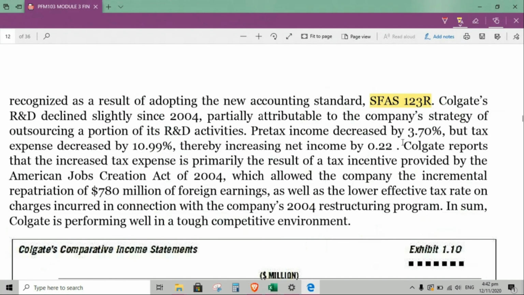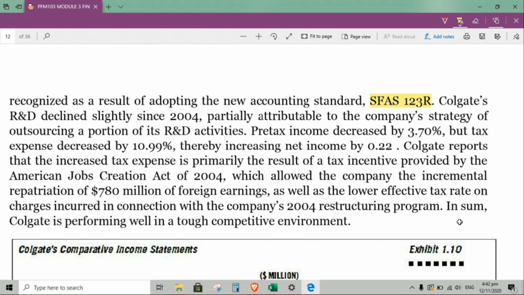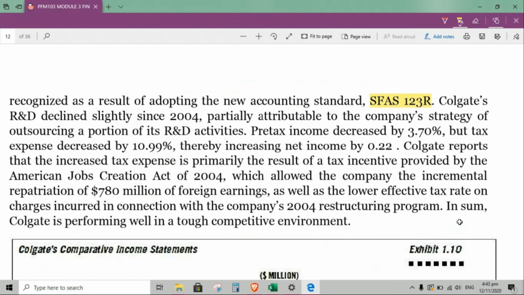So, bumaba siya ng 3.70 yung kanyang income before taxes. Tapos naman, pagdating sa kanyang tax expense, bumaba rin siya ng 10.99, negative 10.99. Ibig sabihin, bumaba yung taxes niya.